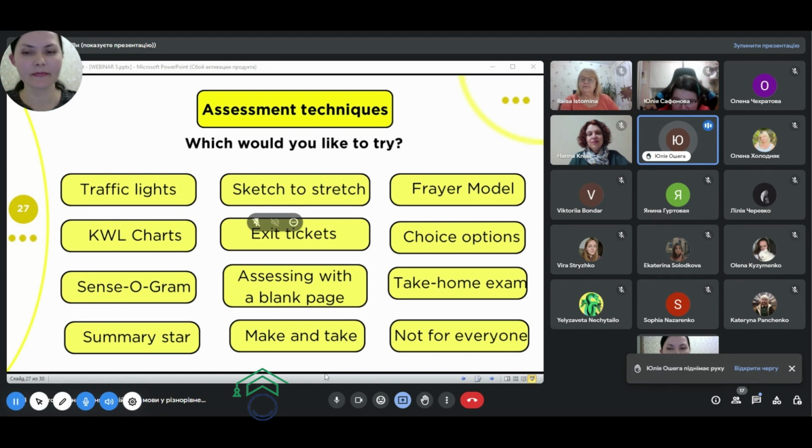I just wanted to clarify one technique, if it's okay. Make and take, yeah? If students make the test, do they know that they're going to take it or not? Or they make it, and after that, I tell them that they're going to take it. Well, actually, that is up to you. But still, I would warn them that they are going to make a test and take this test. But you participate in the process of making the test.